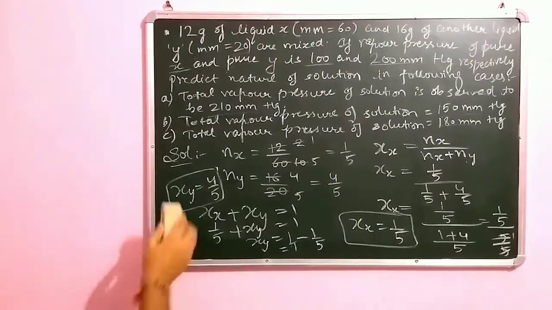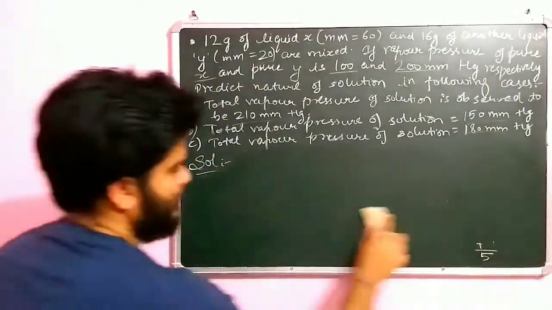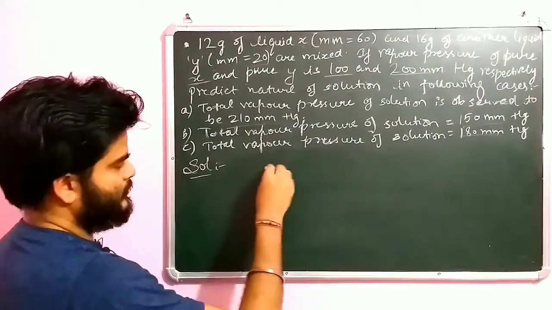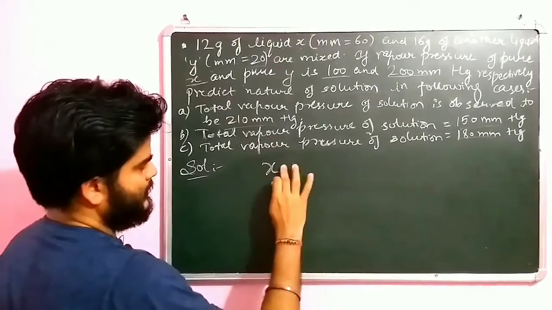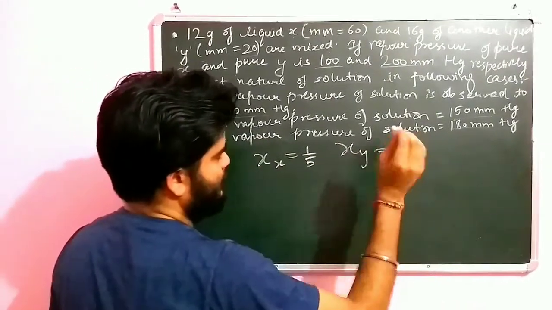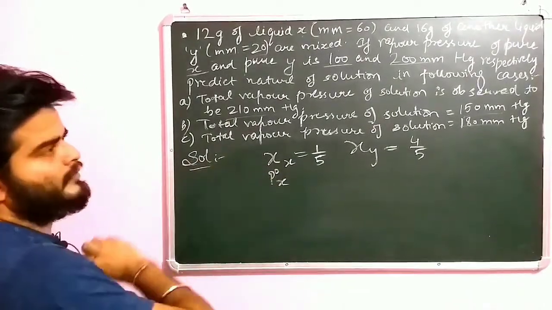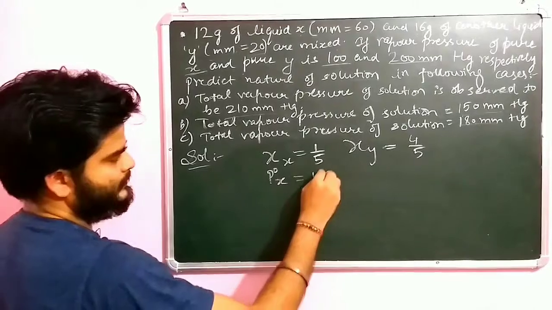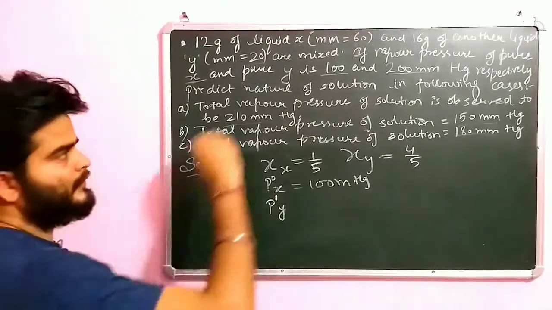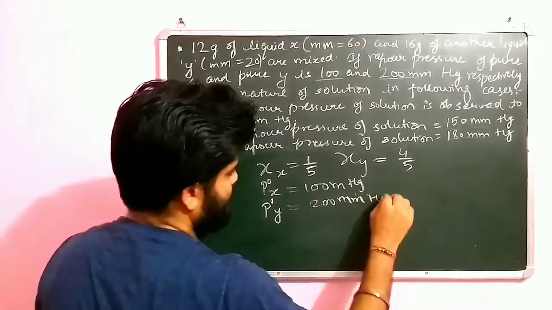So now we can find out the vapor pressure of solution, because now we know that mole fraction of X is 1 by 5 and mole fraction of Y is 4 by 5. P naught of X is given 100 mm Hg, and in pure state the vapor pressure of Y is 200 mm Hg.